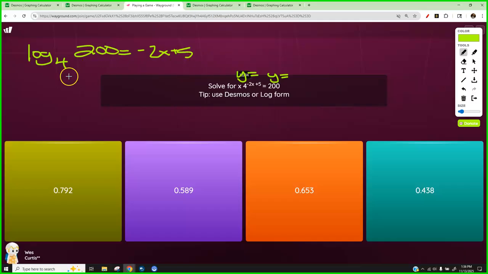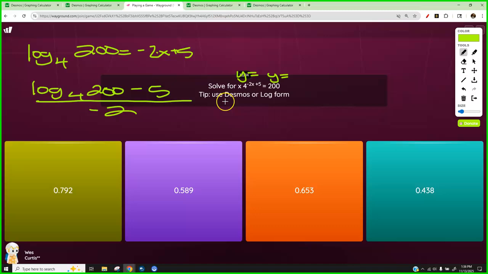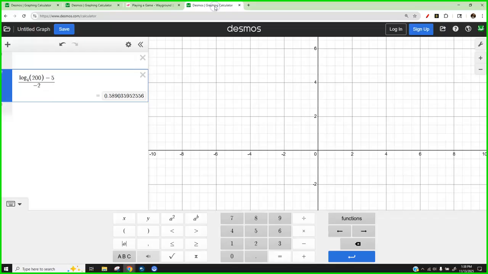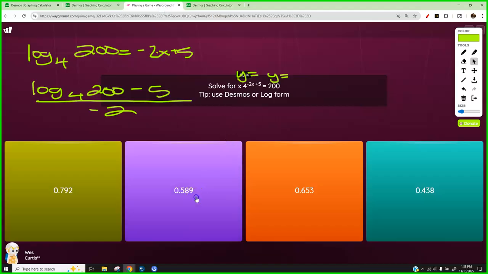We get rid of plus 5 with -5. And we get rid of times -2. That's a -2 times x. We get rid of that by dividing by -2. I type all that in, and it's going to give me the same answer as wherever these two lines will intersect each other. Took a little bit, but I typed it in, got 0.589.